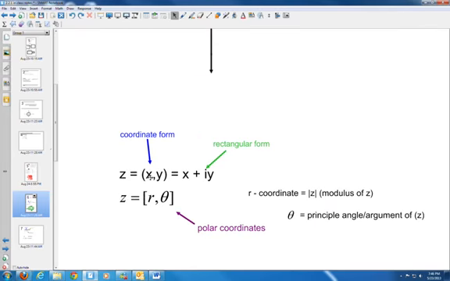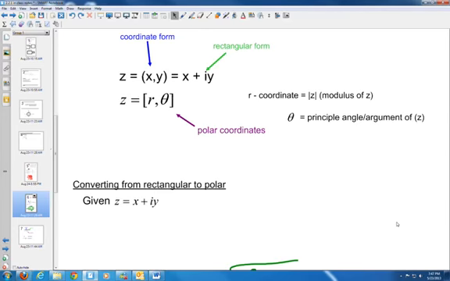We have the coordinate form, which we already knew, we have the rectangular form, and now we have the polar coordinates. In polar coordinates, the r coordinate we call the modulus of z. Again, it represents the distance from the origin to the complex number. And theta we call the principal angle, also known as the argument of z.